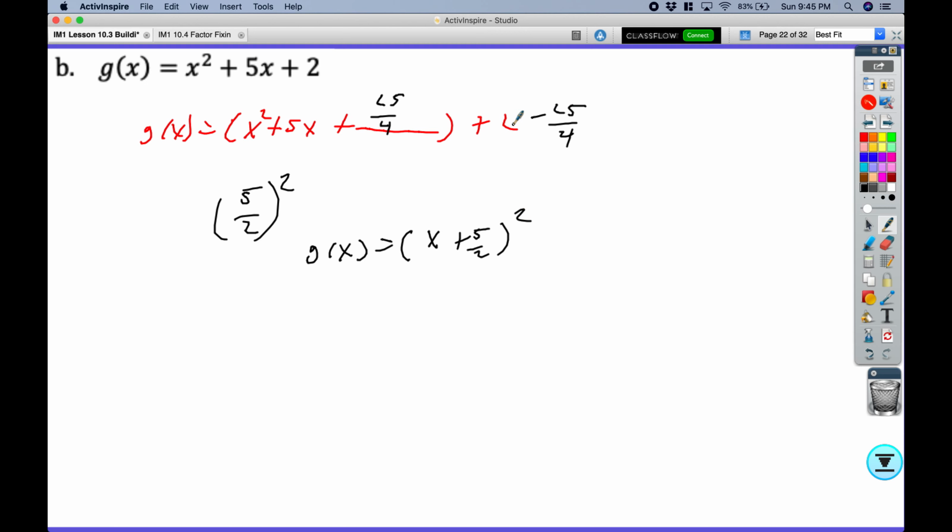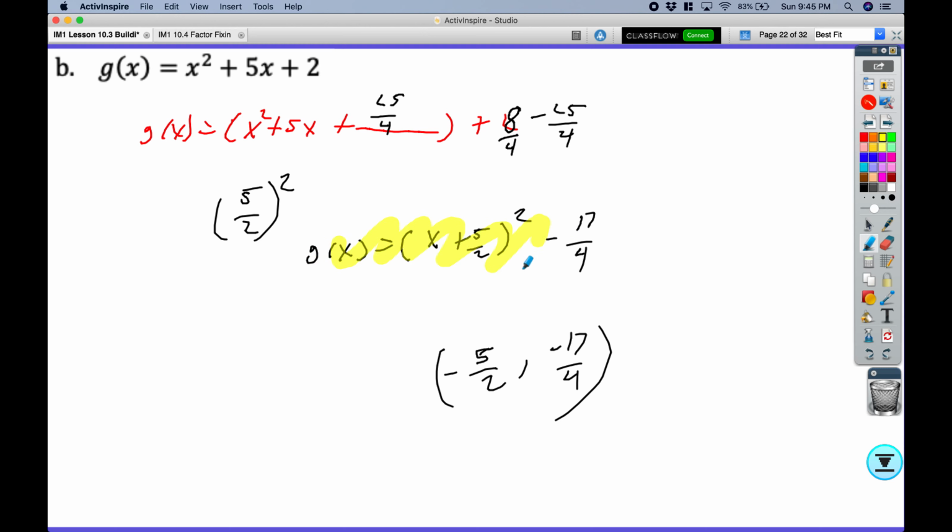So 2 over 1 is equivalent to 8 over 4. And when I subtract these, then I'm going to have negative 17 over 4. And that's your final answer. And your vertex right here is just negative 5 over 2, comma, negative 17 over 4. As a quick reminder, this vertex form is equivalent to standard form up here.